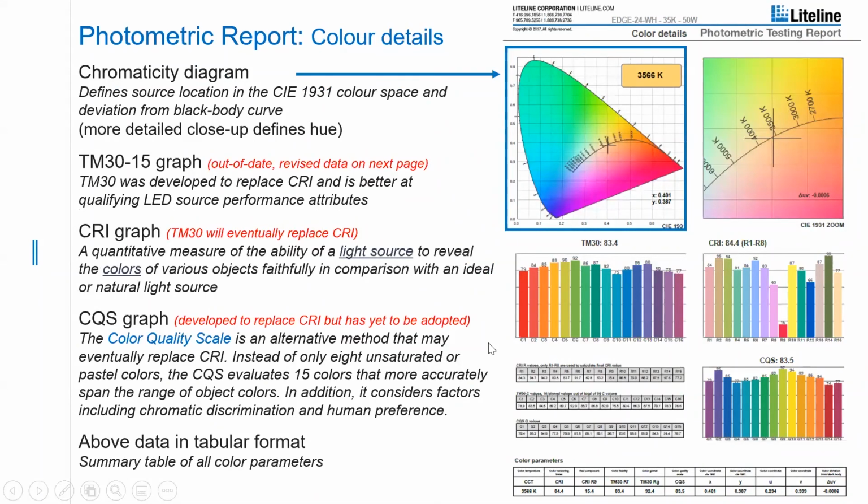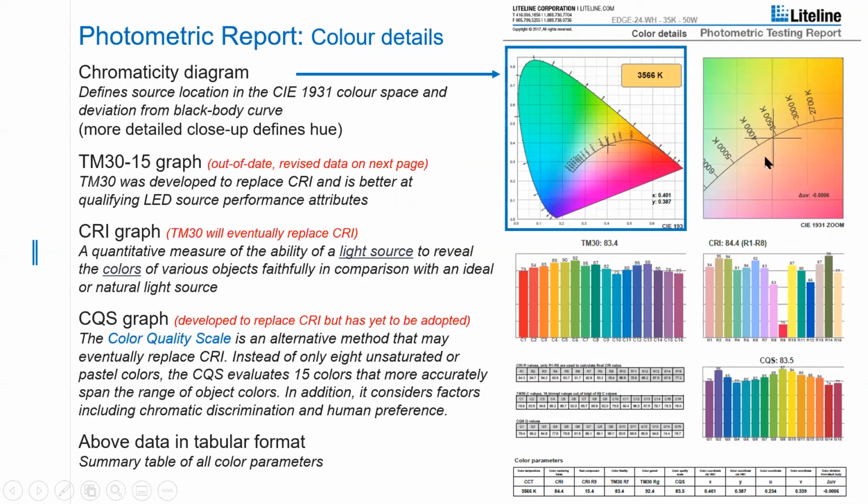When we get to the colored detail area, what you really need to know here is that we've summarized a couple of different types of metrics. The chromaticity diagram shows us where we are on the locus for maintenance on the black body, and then we have a close-up.